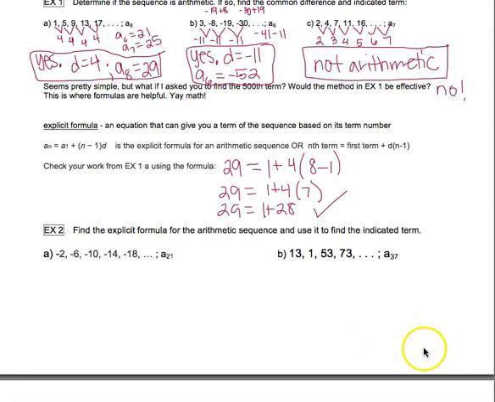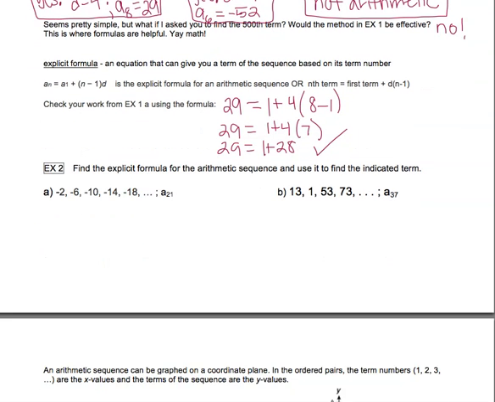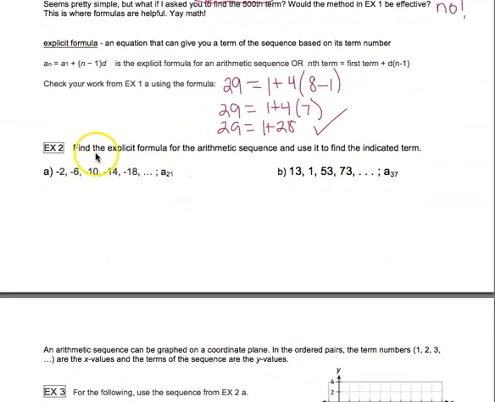Now, most of the time, we're not going to use the formula to check our work. We're going to use the formula to find the answer. So very similarly to what we did in the first few lessons, we're going to use this formula to write an equation first, and then we're going to use it to find the indicated term. So first thing I'm going to do is write the explicit formula.